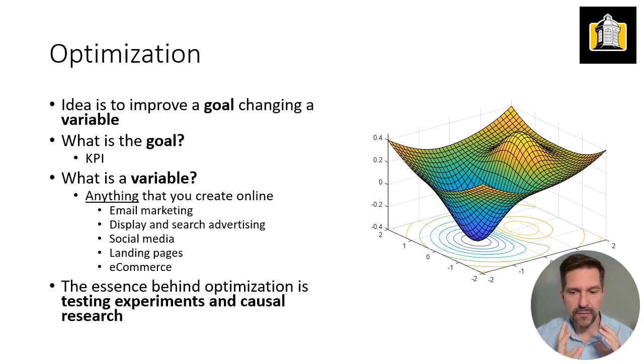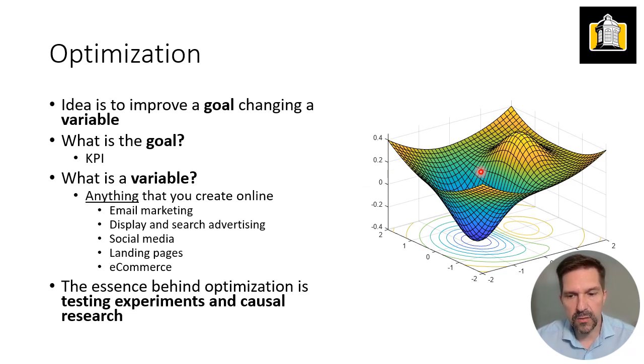Pick that variable that you're interested in, and now our goal is to see if we can achieve the highest possible result for that variable. So you can think about this as trying to find the highest point in a mountain.